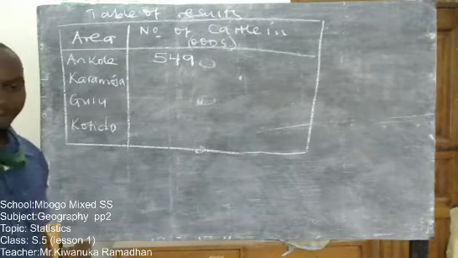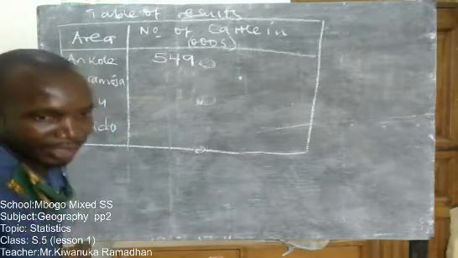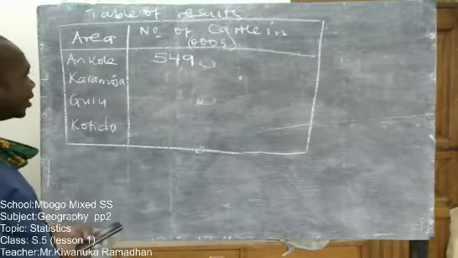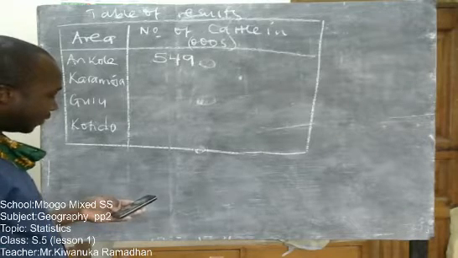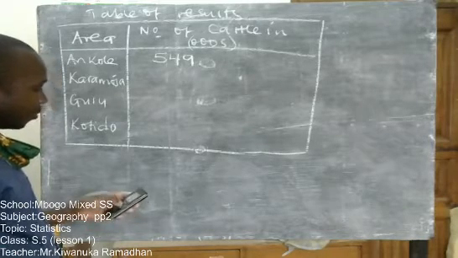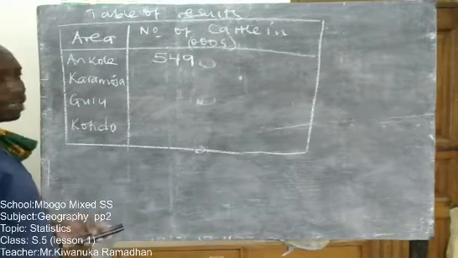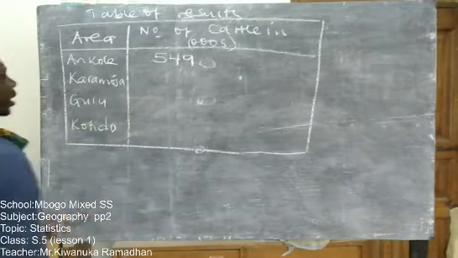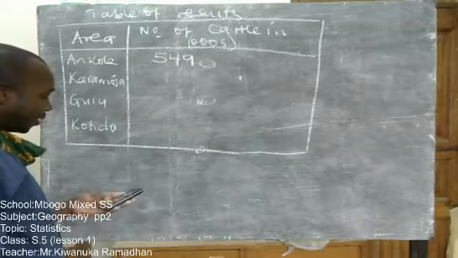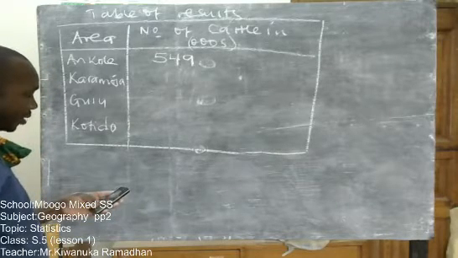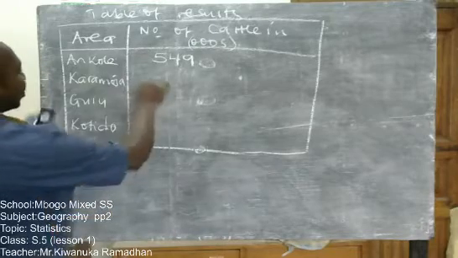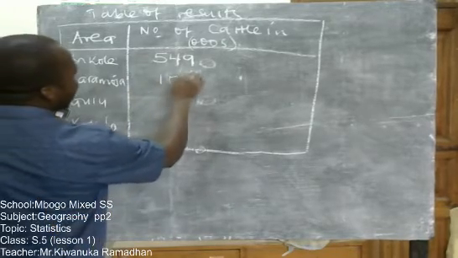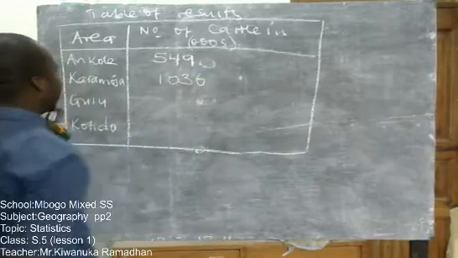So Karamoja was 487. 487 plus 549 gives us 1036.